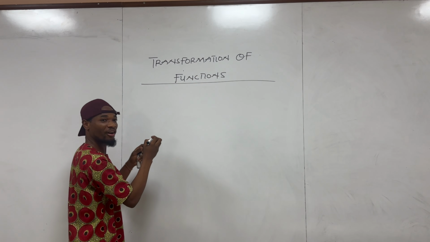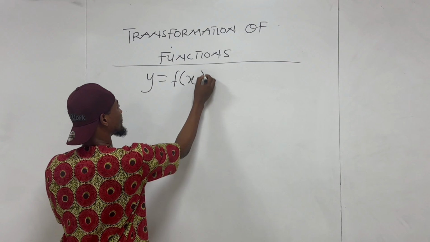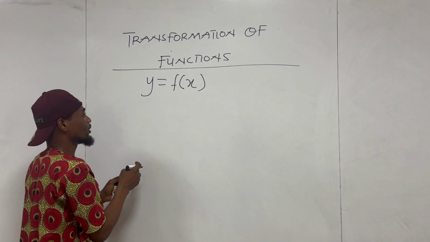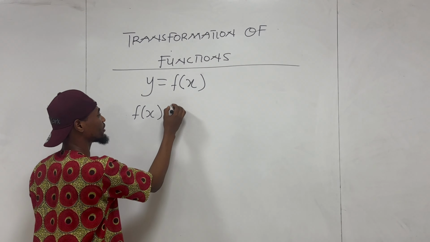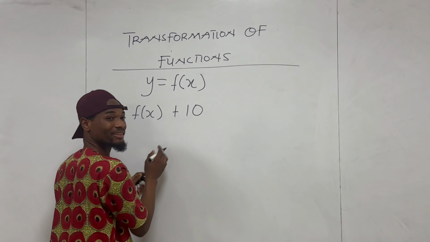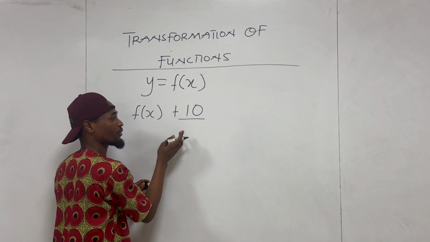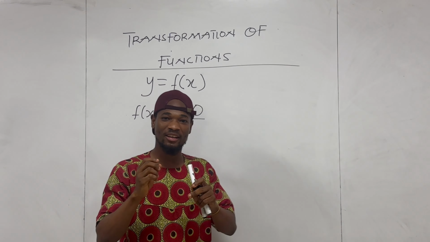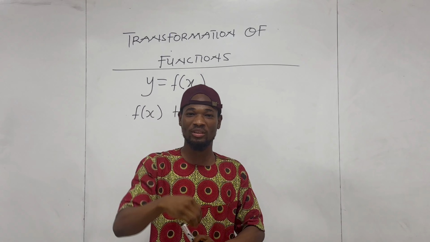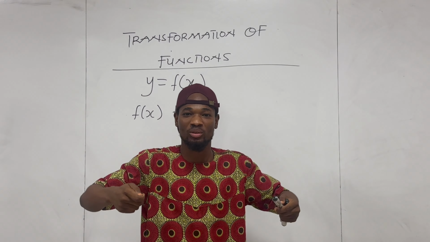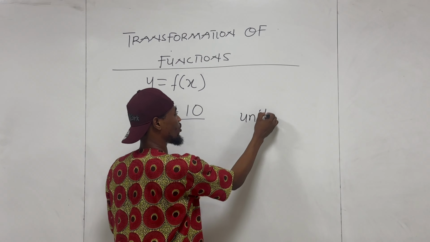So if I have a function of, say, y equals f of x, and the function f of x is written this way, let's say plus 10. What does it mean? This portion represents either vertically upwards or vertically downwards by a certain magnitude, and that magnitude, I'll call it units over here.